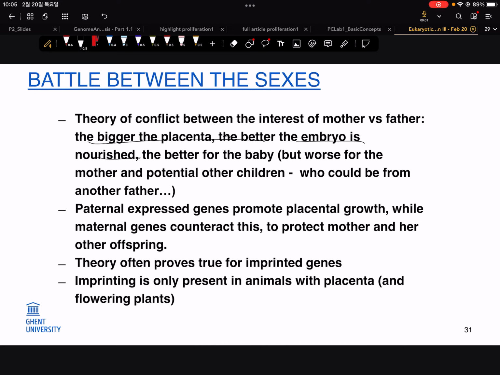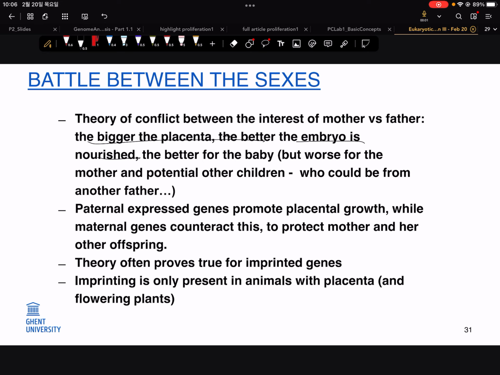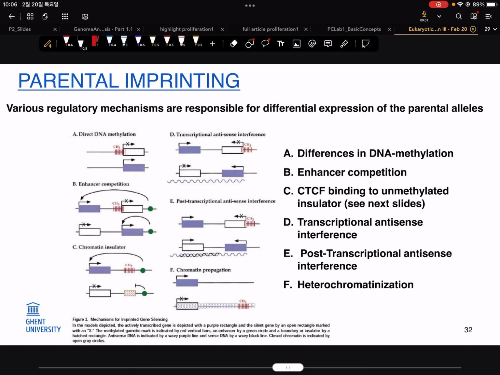Maternally expressed genes, however, say, whoa, stop. Don't do that, because I need to survive as well as a mother, and maybe I want more babies. Maybe I will get more offspring later. So, the mother tries to protect herself and next offspring potentially from being drained out, let's say, of all the nutrition.